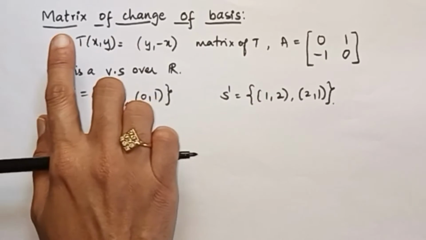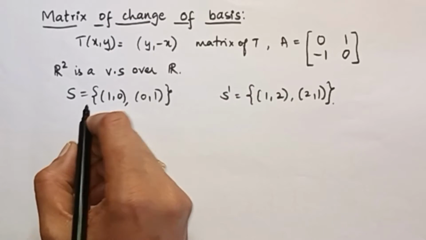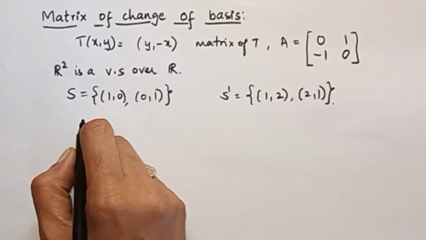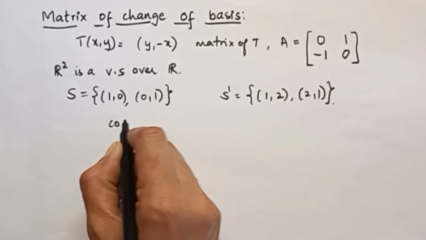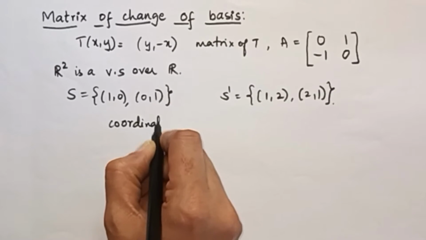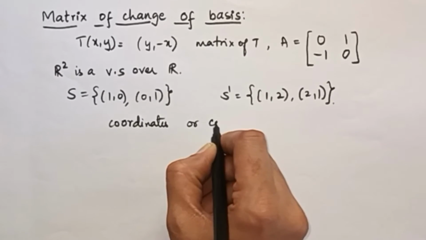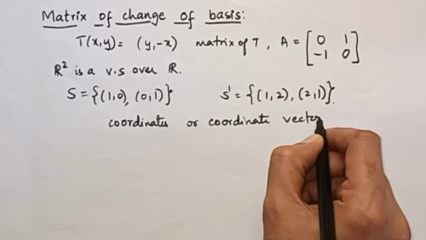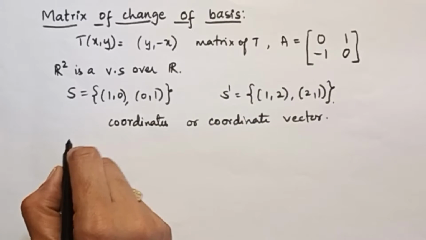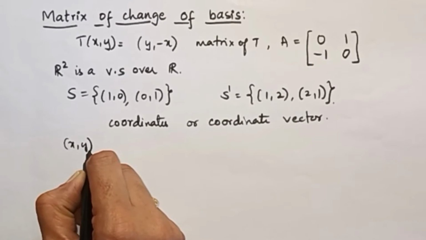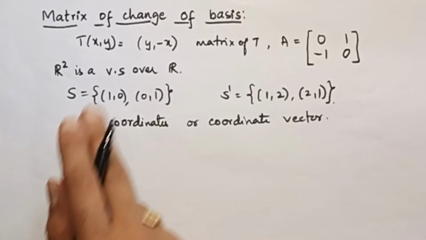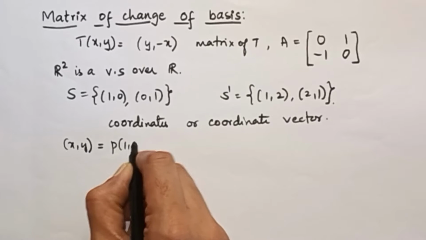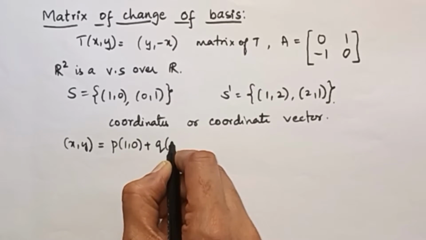Before knowing what the matrix of change of basis is, first let us understand what the coordinates of a point are. Or else we can say the coordinate vector. For example, when you consider any point (x, y), this (x, y) in terms of (1, 0) and (0, 1) is p into (1, 0) plus q into (0, 1).